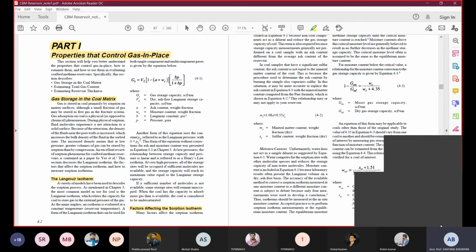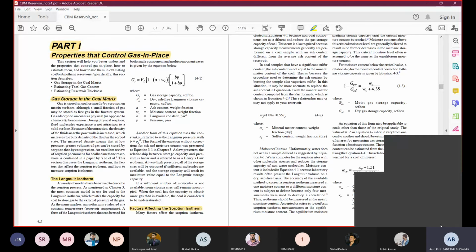Once you have this isotherm, the fundamental concept of the Langmuir isotherm is given by equation 4.1, the gas storage capacity, and please also try to remember the units. So GS is the gas storage capacity, or sorption capacity, given by VL.